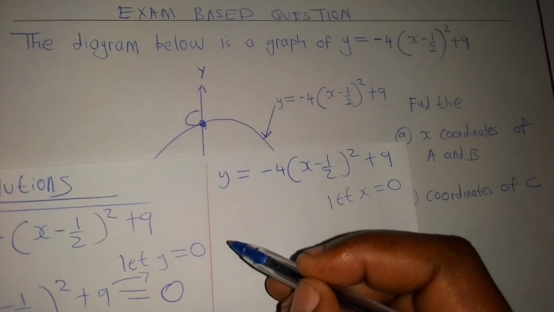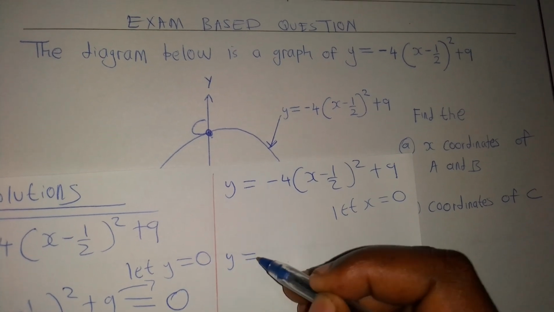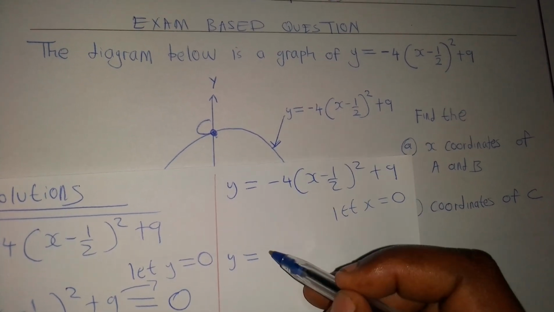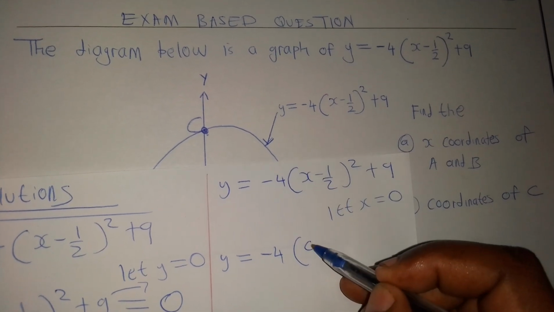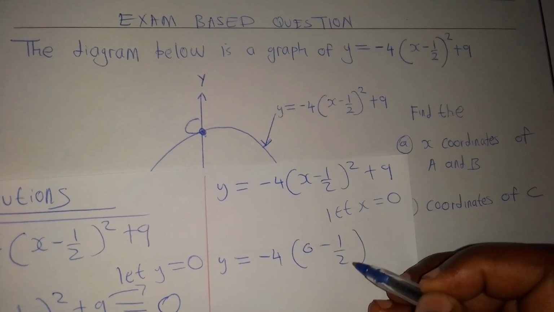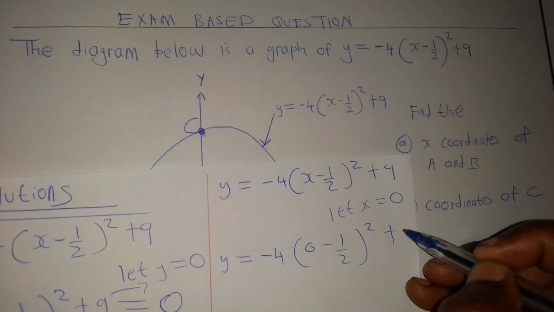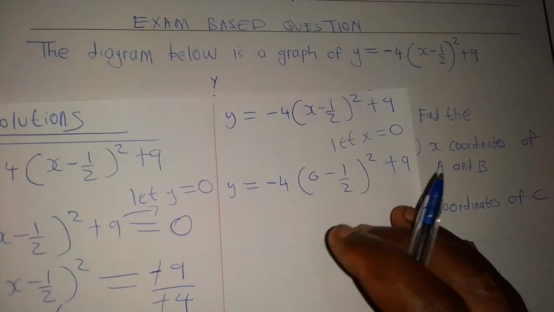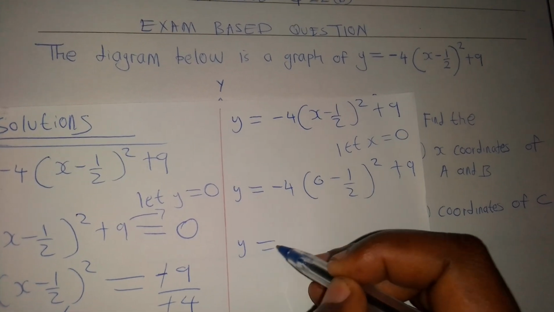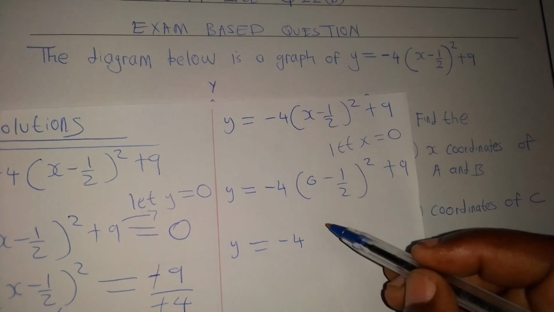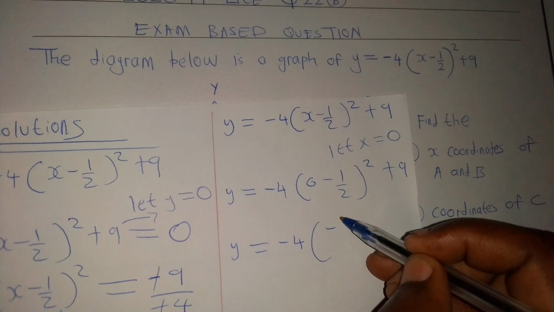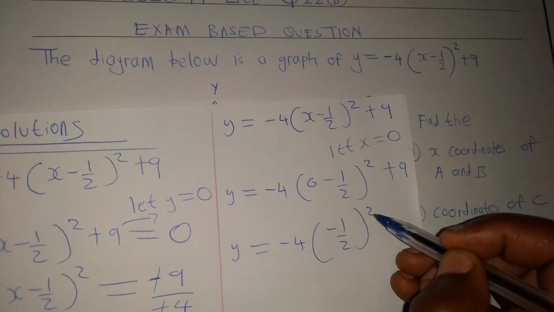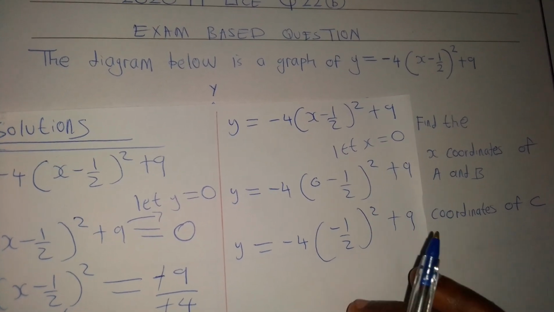So I'll say now I have y equals negative 4, then there I'll put a 0, so minus 1 over 2, then to the power 2 plus a 9. Then I say y equals negative 4, open the bracket, 0 minus 1 over 2, I'll just get negative 1 over 2 power 2, then plus a 9.